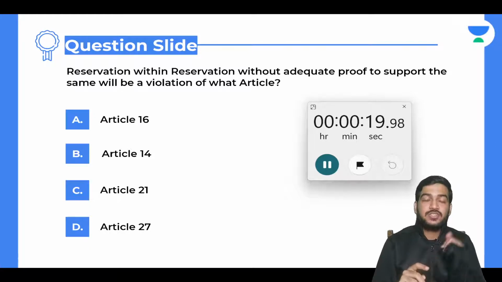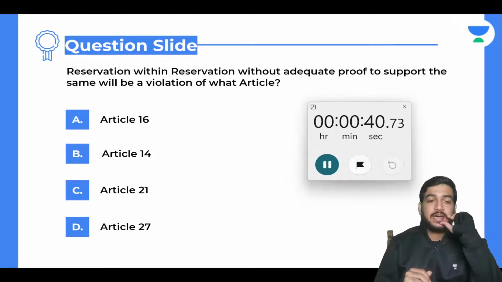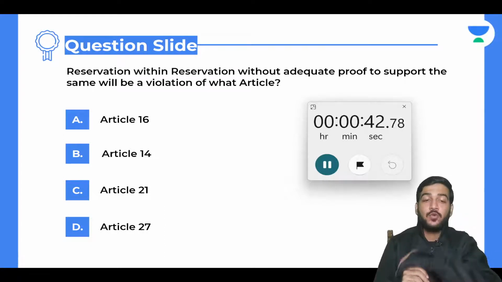These are reservations in Madras and reservations to OBC in state elections in Maharashtra, municipal elections there. So what fundamental right did they breach because of which those reservations were cancelled?